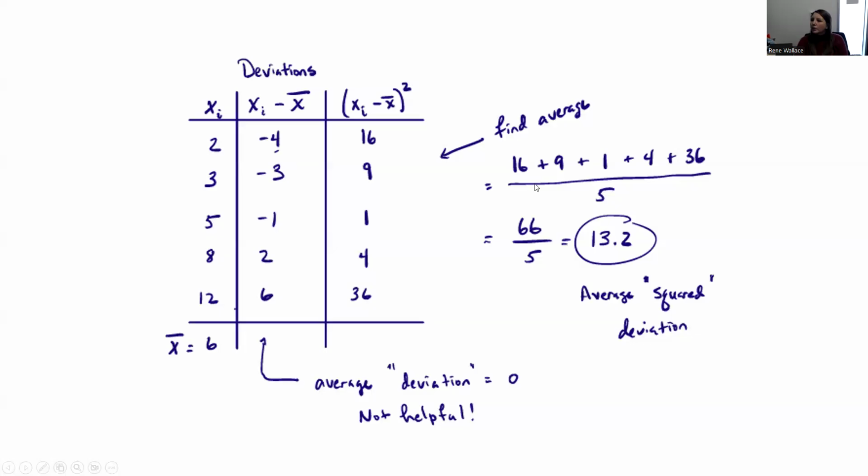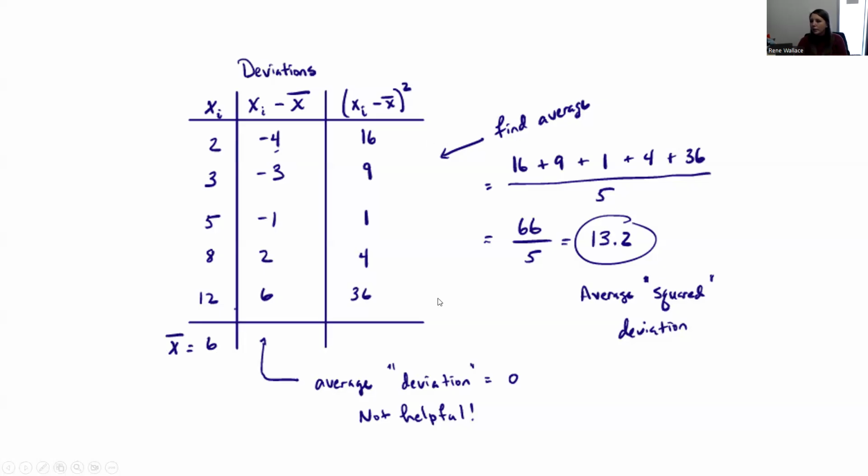So now we find the average. We add these up: 16, 9, 1, 4, and 36, divided by 5, which is 13.2. So this is our average squared deviation. Because when we did this without squaring, the average deviation was 0, which was not helpful at all. Our mean here was 6, and when we took 2 minus 6, we got negative 4. We added all this up, and our deviation was 0.